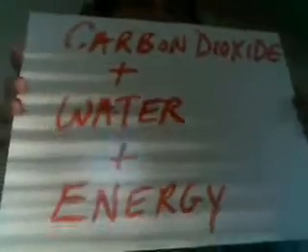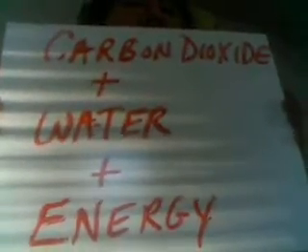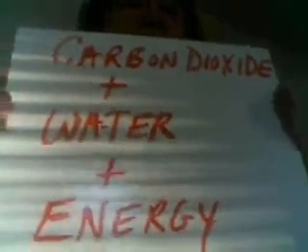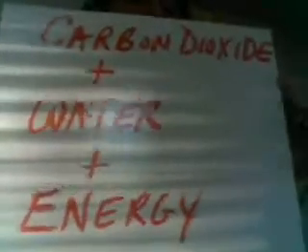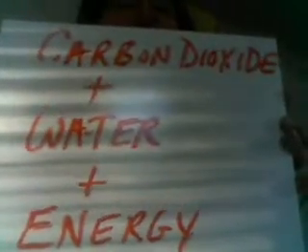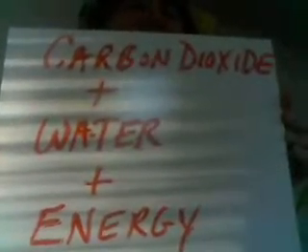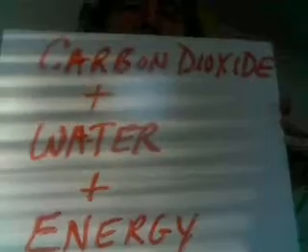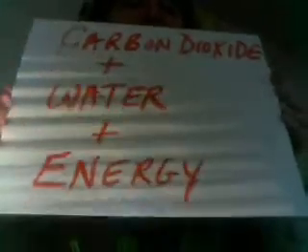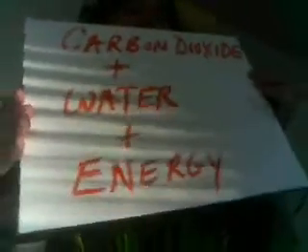So the products of cellular respiration, the things that are made, are energy, and that energy is for life processes, carbon dioxide and water. Carbon dioxide and water are like the byproducts. They are like the exhaust in your car again. The important thing is the energy that we get out of this process.